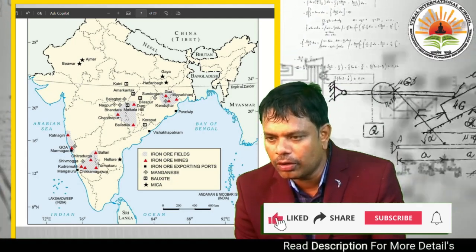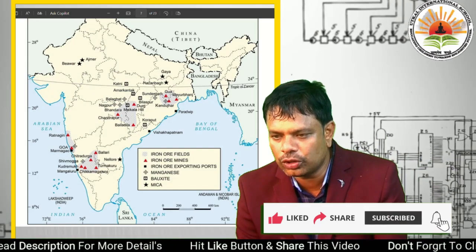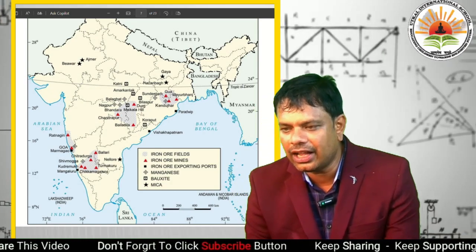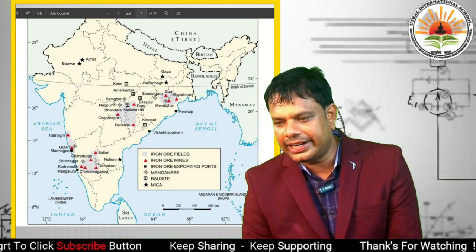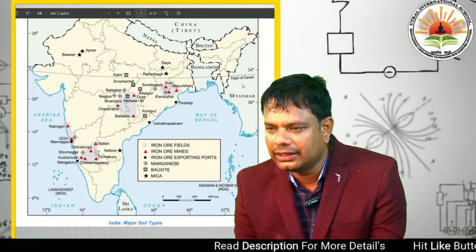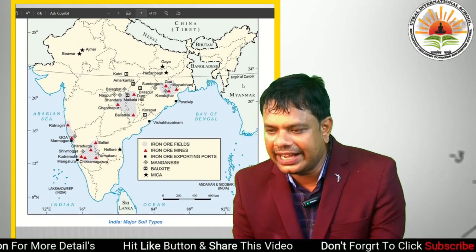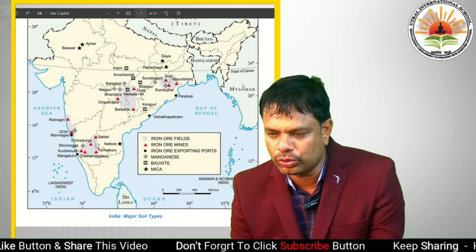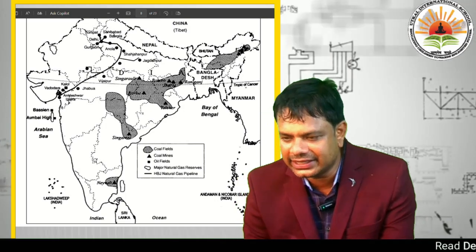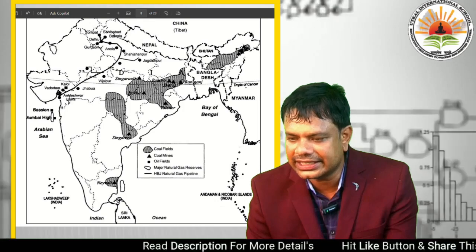For bauxite, Kotni, Amarkantak, Bilaspur and Maikala, Koraput are the main areas. For iron ore, Maikala and Odisha, Keonjhar and Mayurbhanj have the iron ore fields. For coal mines, the main areas are Jharkhand and Maharashtra and some northeast states.